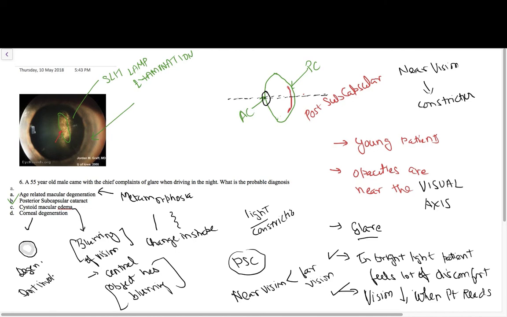So unless it is very high, they don't disturb the vision. So answer here, according to me, is age-related macular, sorry, posterior subcapsular cataract. Okay.